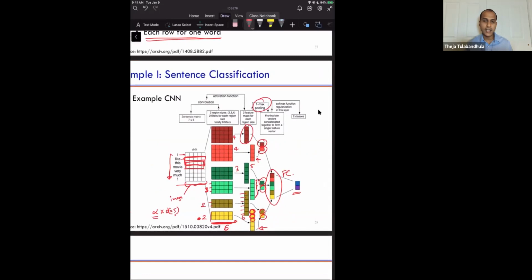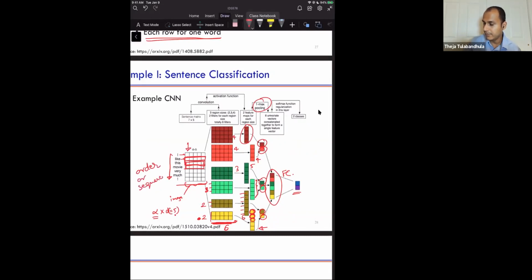So this is an example architecture for how to use a CNN if you have word embeddings, or word representations as vectors. What's new about this compared to many of the previous techniques is that it takes into account the order or sequence.